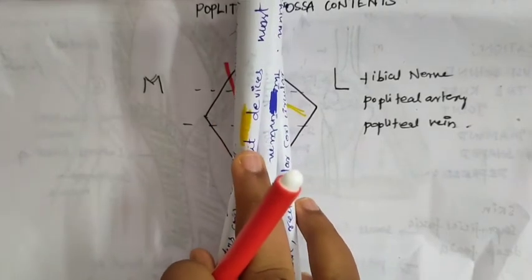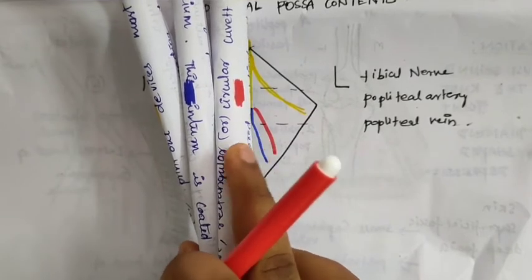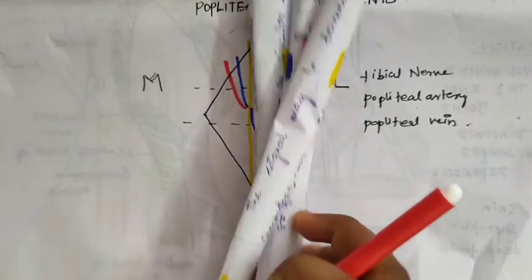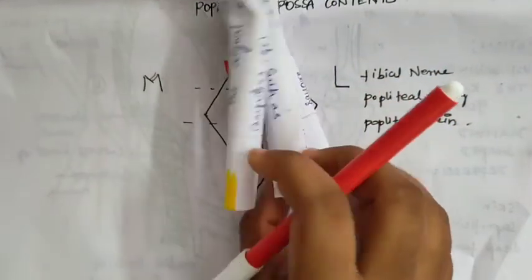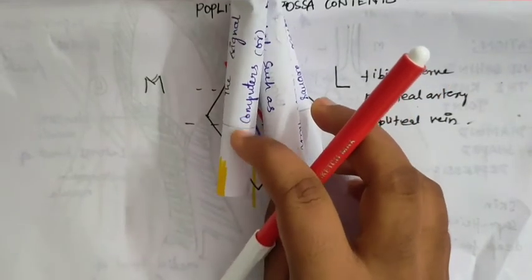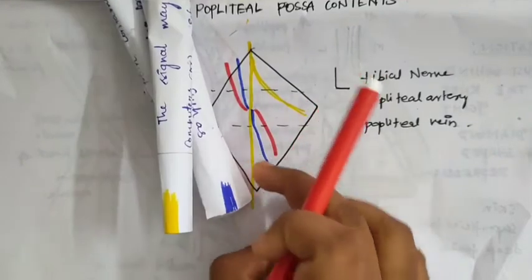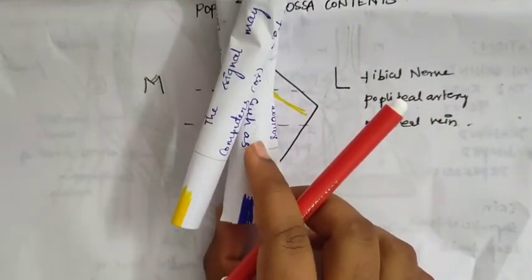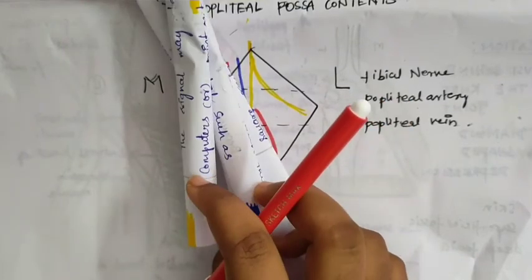Most posterior is the nerve, most anterior is the artery, and the vein is in the middle. When you see the lower portion, the nerve is on the medial side, the artery is lateral, and the vein is in the middle, so popliteal artery and then tibial nerve.